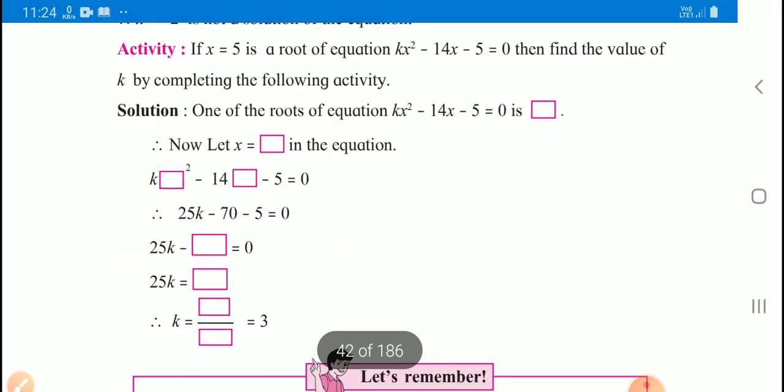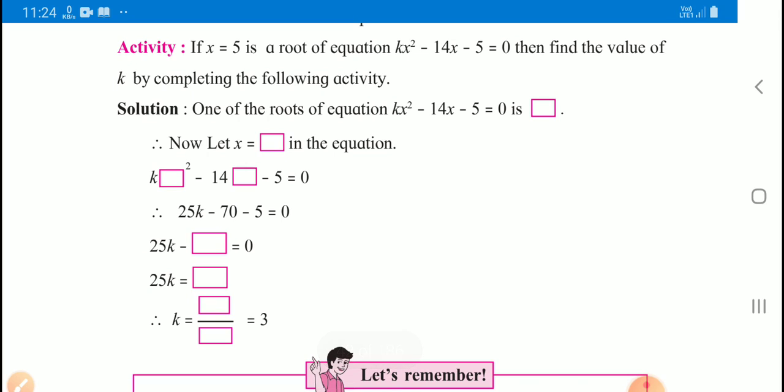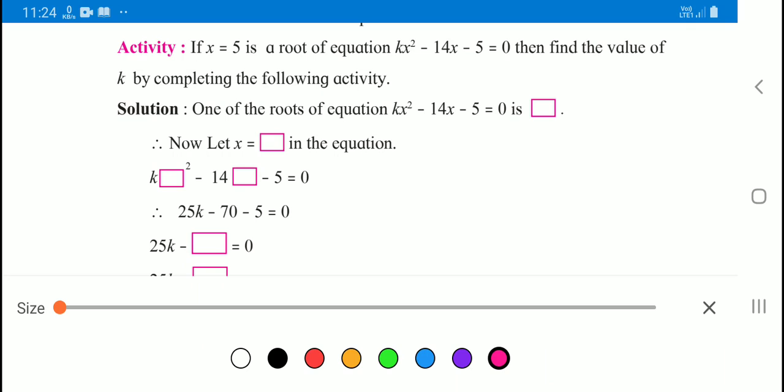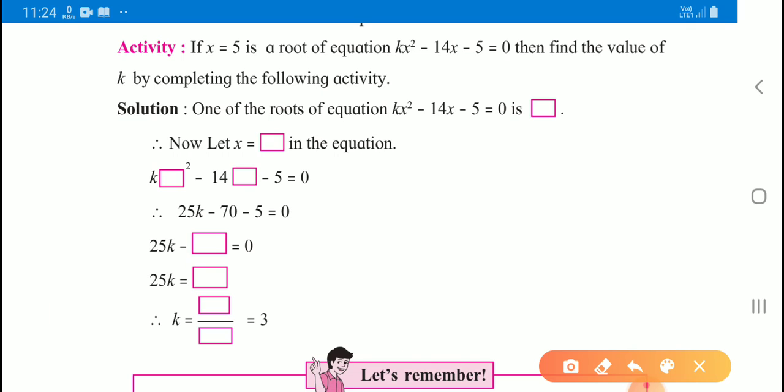Now the next activity they have given: if x equal to 5 is a root of the equation kx square minus 14x minus 5 equal to 0, then find the value of k by completing the following activity.